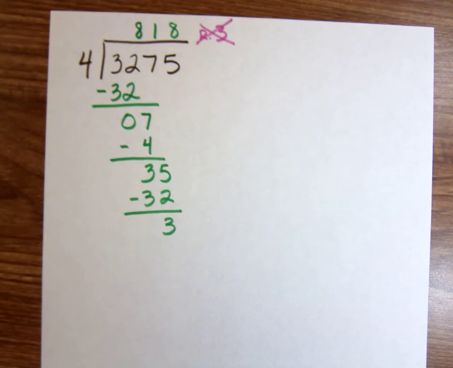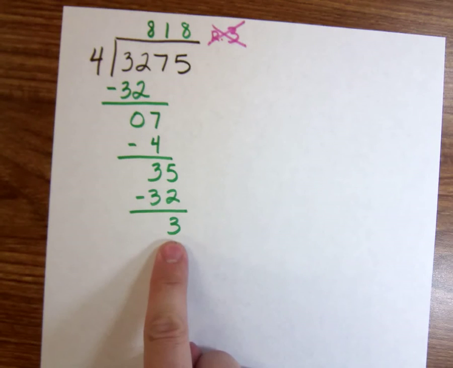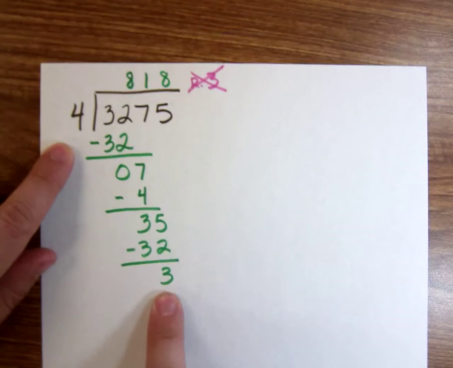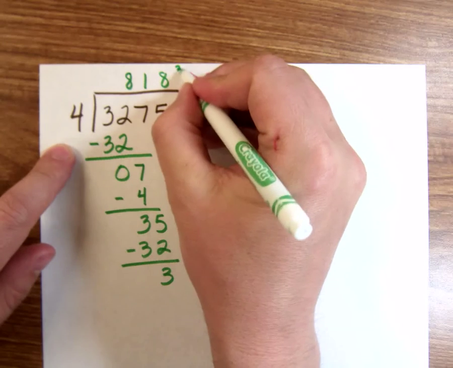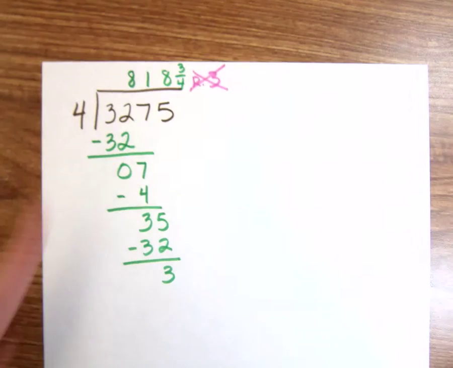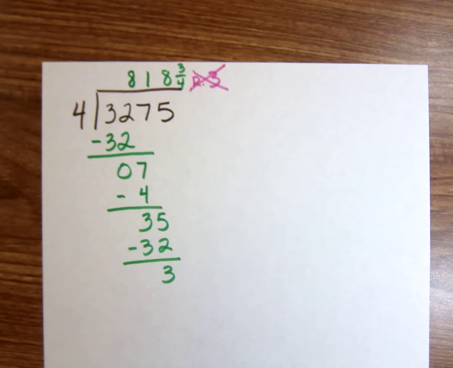How do you write a remainder of 3? 0.3. Okay, that's not as bad as R3, but still pretty gross. What would the next thing that we do be if we kept going? We do 3 divided by 4. That's your remainder, 3/4. Your remainder is a fraction. If they told you R3, they did you a disservice.